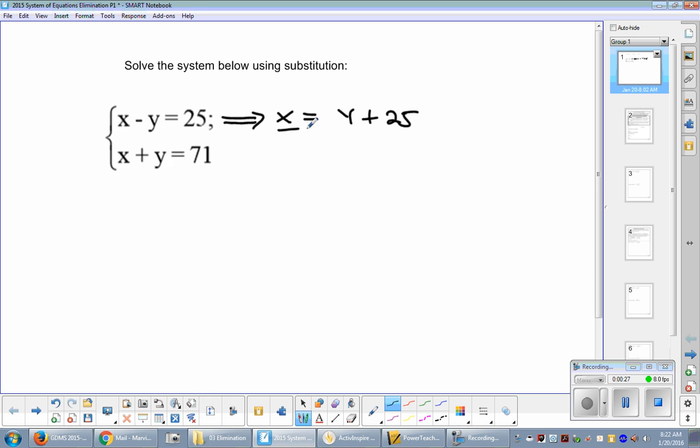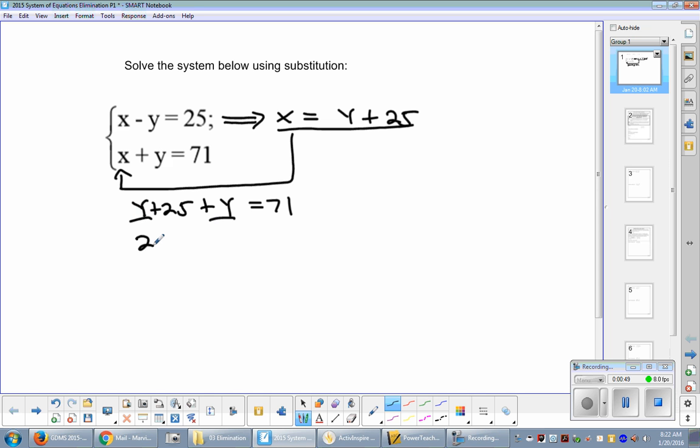And then we are going to plug this x into the second equation. So x, which is equal to y plus 25, plus y equals 71. Combining like terms, y plus y will give us 2y plus 25 equals 71.